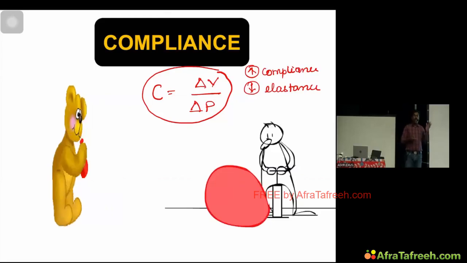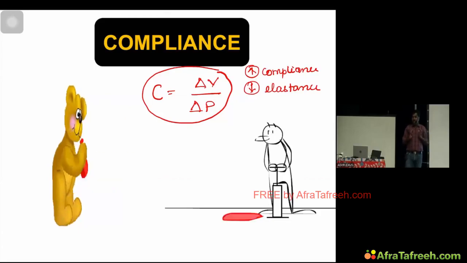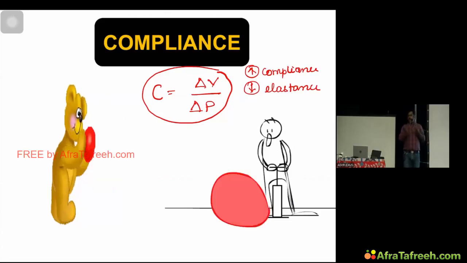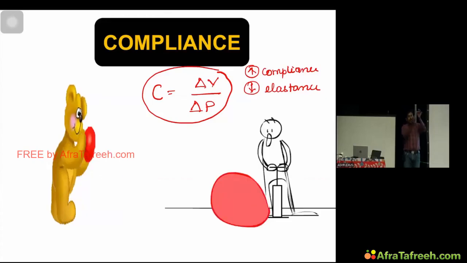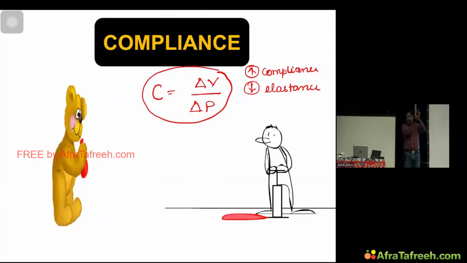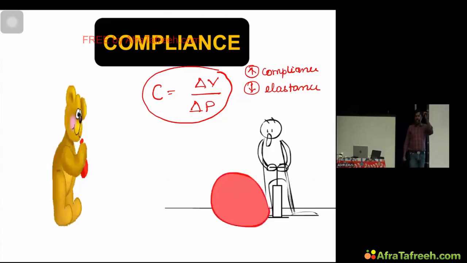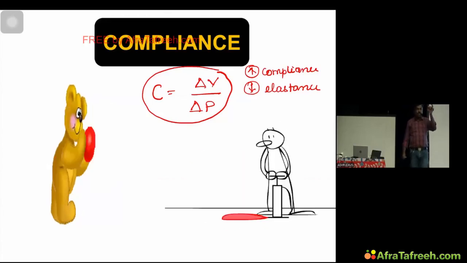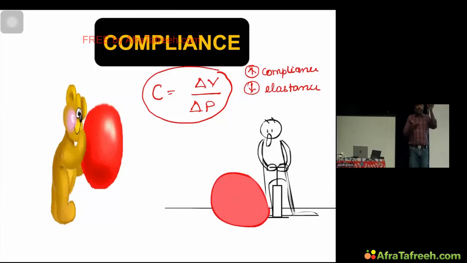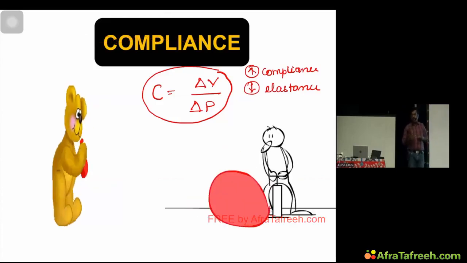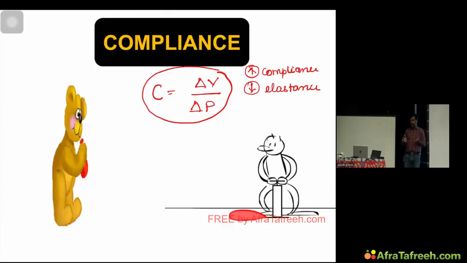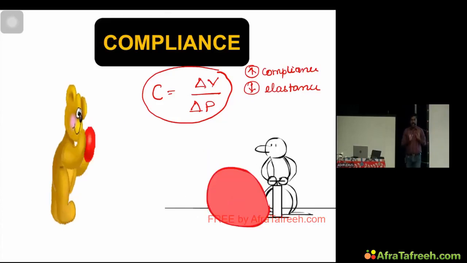So in conditions like emphysema, static compliance will be increased. Whereas whenever this balloon is twisted like this, what will happen to the compliance? Volume decreases, so compliance will decrease. So static compliance will decrease in all kinds of rigid or restrictive lungs. That is static compliance.